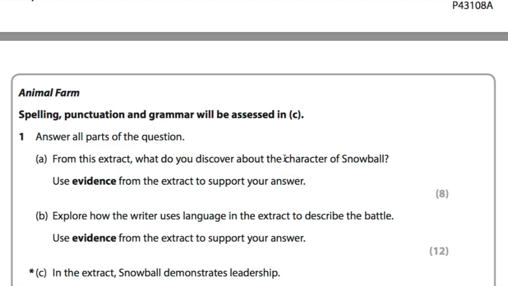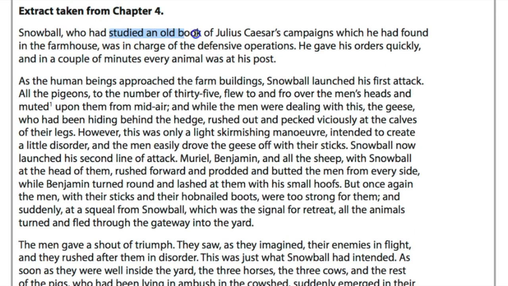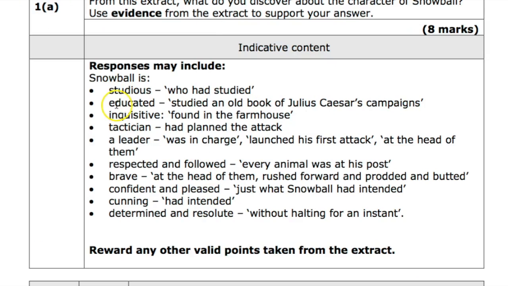So write that down first of all and say we know that Snowball is studious because he had studied an old book of Julius Caesar's campaigns. Similarly, the next one you'll see is educated, and that forms part and parcel of that exact same quote there. And you can go down through these. A leader is one you might already have picked up on. Was in charge, launched his first attack at the head of them.